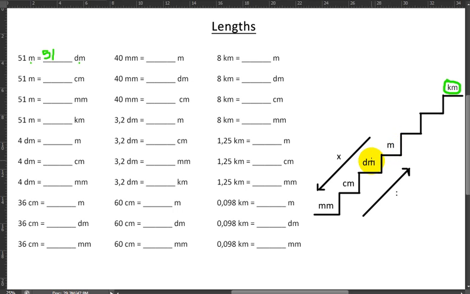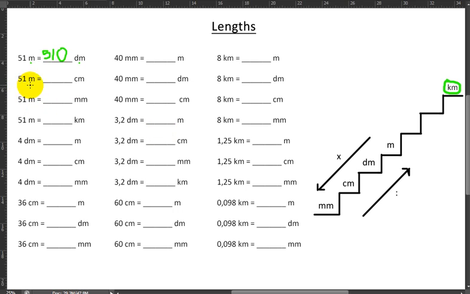Meters are here, decimeters are here, so I'm going a step down. Since I'm going down the ladder, I have to multiply by 10, 100, or 1000, depending on how many steps I'm going down. That's how many zeros the number should have. Since I'm going one step down, I multiply by 10. So 51 times 10 gives 510.